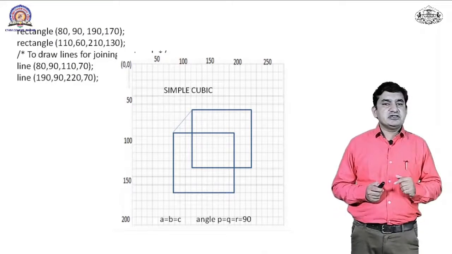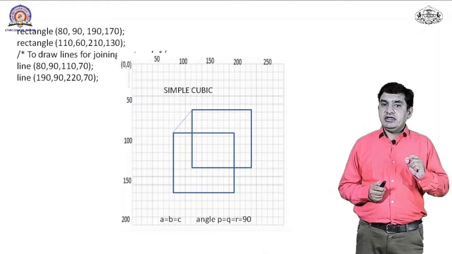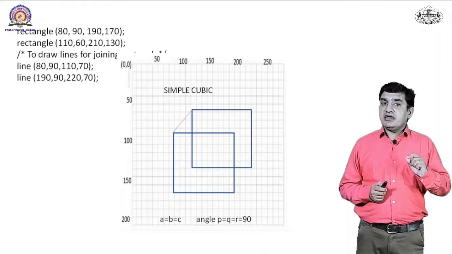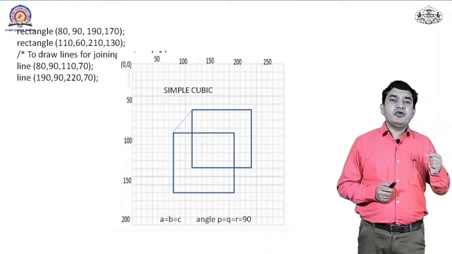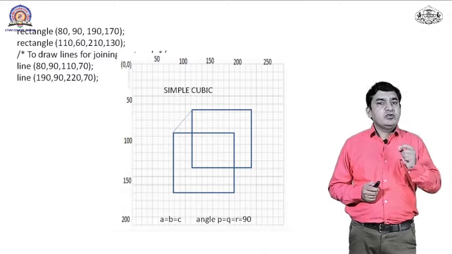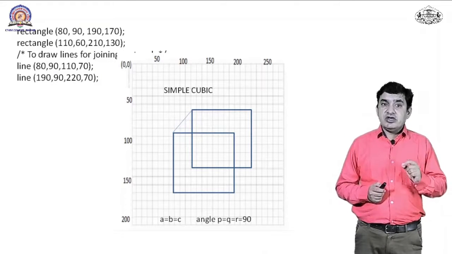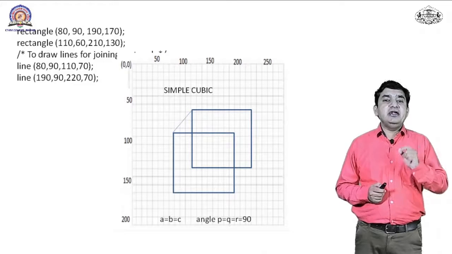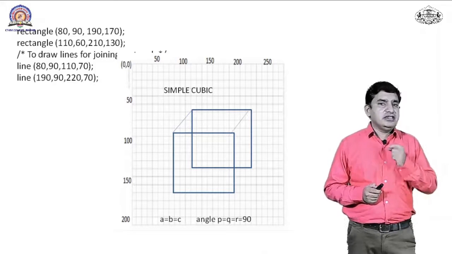Next line: 190, 90 is the coordinate of the starting point, and 220, 70 is the coordinate of the end point of the line, which is used to join the corners of the rectangle, and the line is like this.